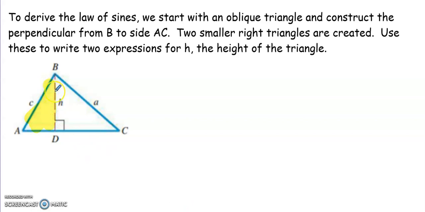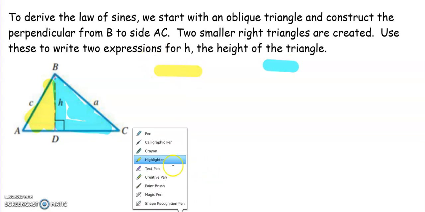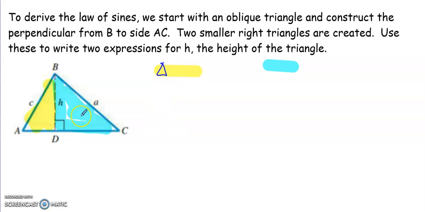I've got this triangle over here in yellow, and I've got this triangle right here in blue. That yellow triangle is named ABD. Well, let's look at angle A and see if I can make an equation with the height and c.